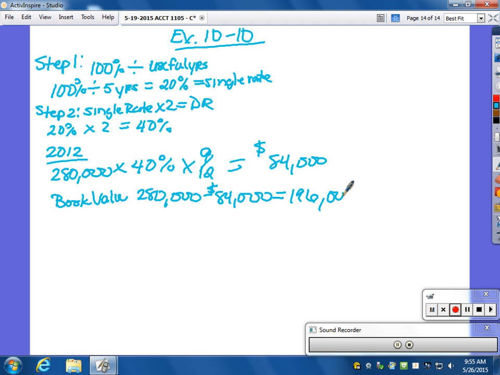Then we take the 196,000 and multiply by 40%, your double rate, which gives us 78,000.